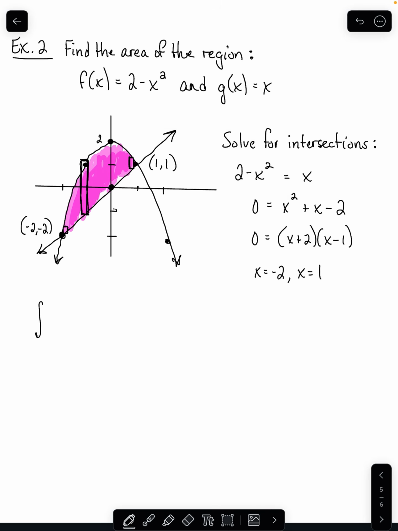So our limits of integration are from -2 to +1. Our upper function is the parabola 2 minus x squared, and our lower function is the linear function x. And from here, we can easily integrate this.